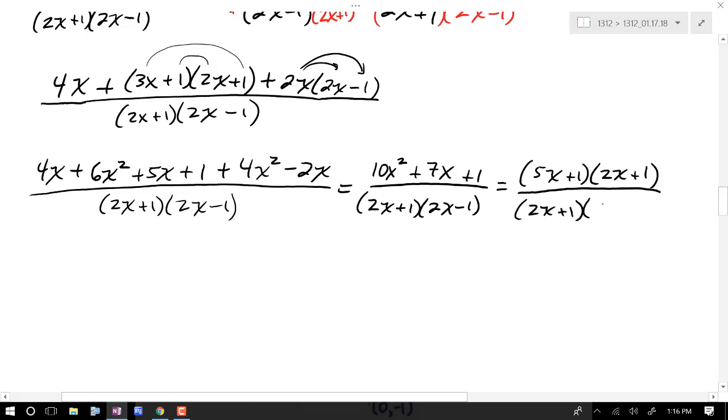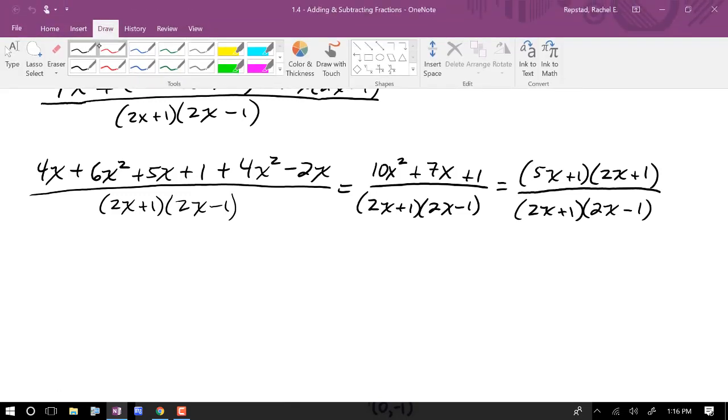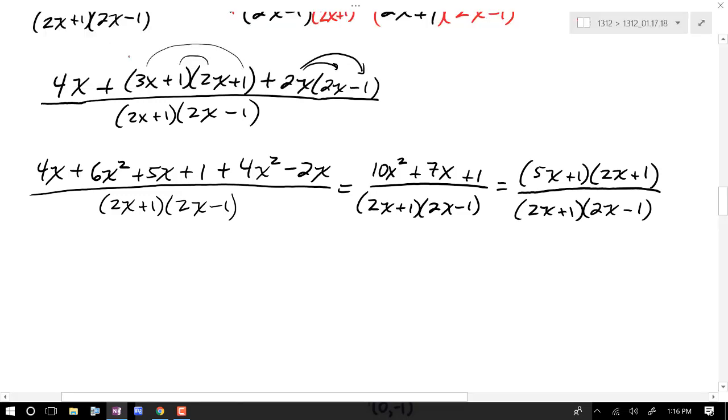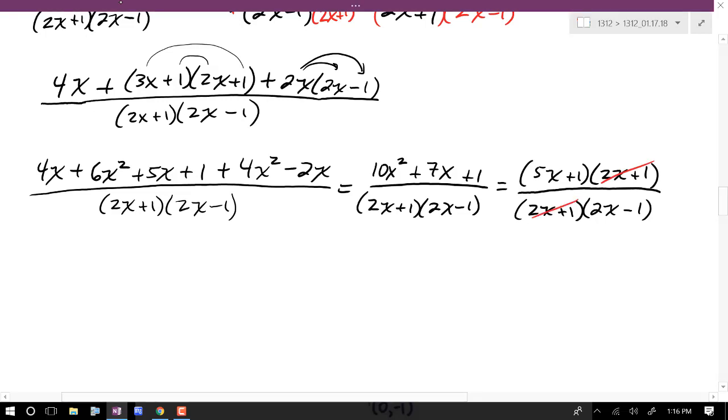And the reason we check to see if the top factors is because then maybe we'll get to reduce. And a lot of the time, you can't. What you end up with, just by happenstance, ends up not factoring. But sometimes it's worth checking. Sometimes we can actually simplify the fraction. So those 2x plus 1s will cancel.